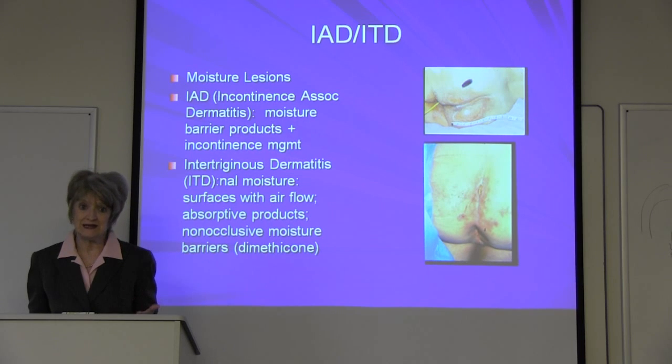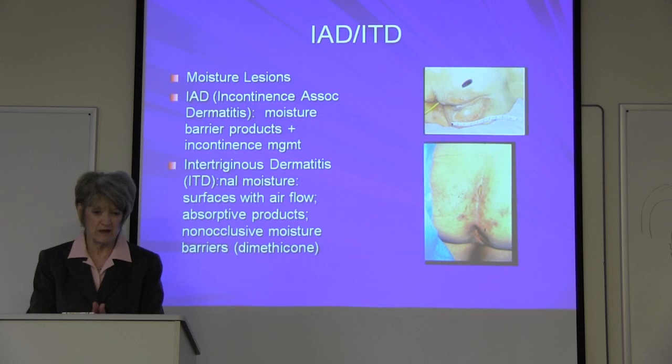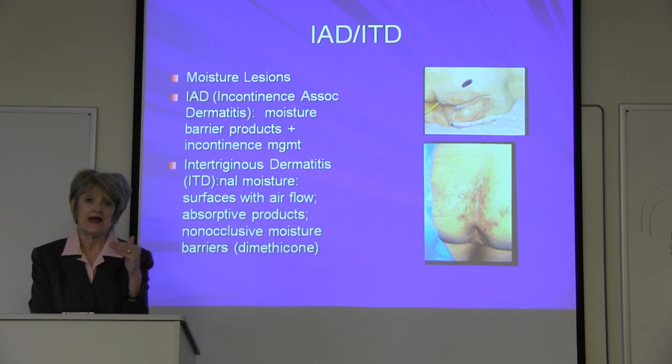IAD and ITD. IAD is incontinence-associated dermatitis, and what you want to think about when you are considering IAD is that the source of the moisture is external. It's prolonged or repetitive exposure to urine, stool, or both.